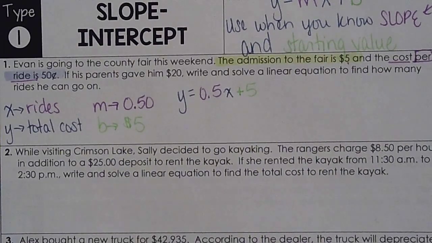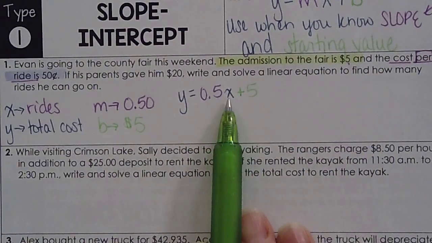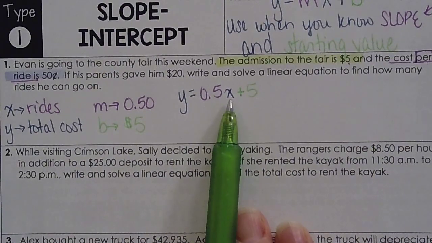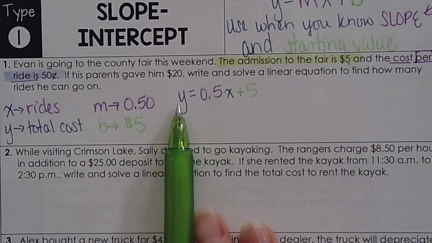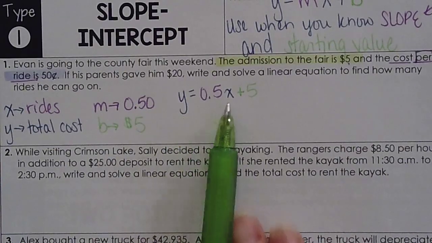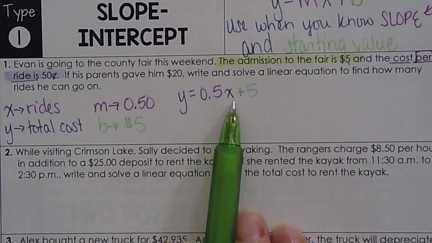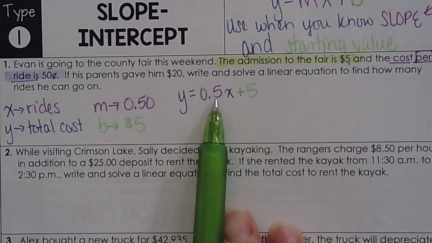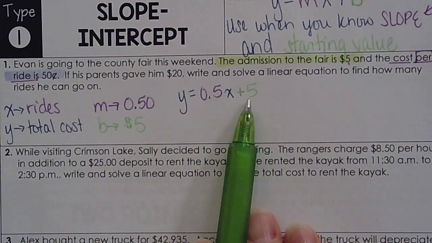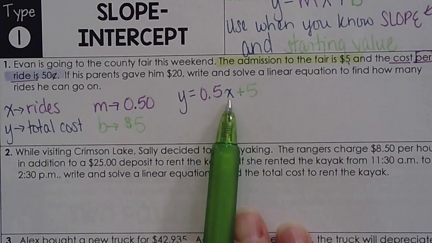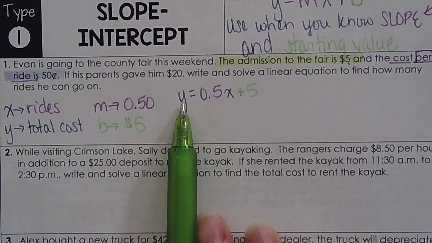We could come up with an unlimited number of x, y combinations where he rides some number of rides and it costs him some amount of money. If he rode 10 rides, I do 50 cents times 10, so $5, plus that $5 entrance. So for 10 rides, it would cost him $10.